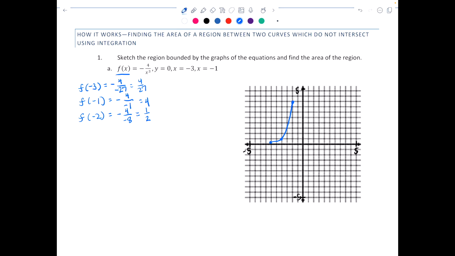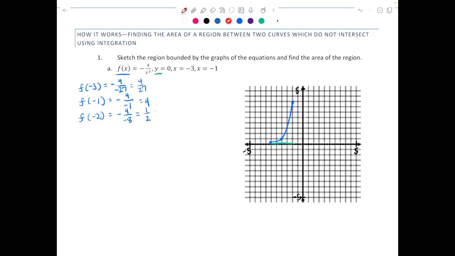Now, the other graph, it's one of those so easy it's hard things. We have y is 0, right? And so y is 0 between these bounds is just going to be like that, drawing on that x-axis.